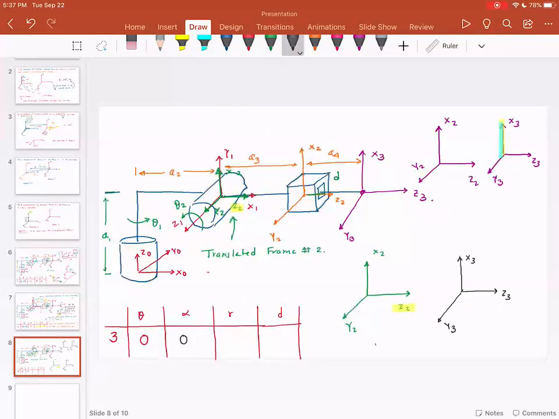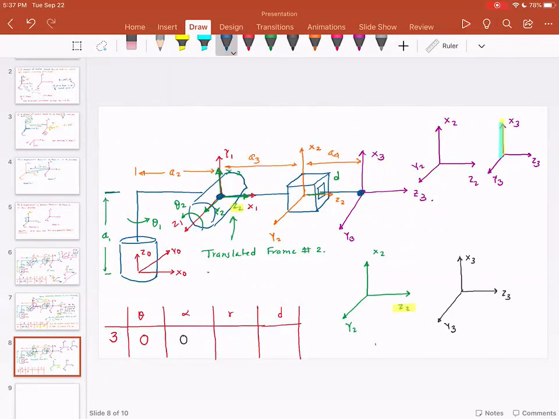Now R is the distance between the previous frame and the current frame along xn. The previous frame is x2, y2, z2, which is located here, and the current frame is this.